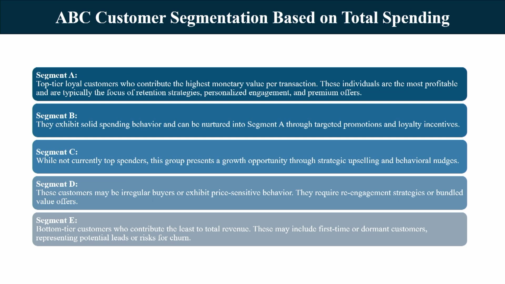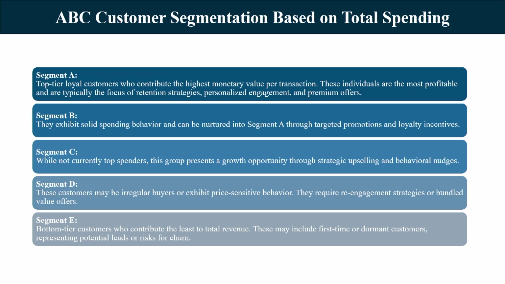Then comes the bottom, starting with segment D. These are the lower tier. They are most of the time extremely price sensitive, and they always look for more value. They extensively evaluate the offers. So, the strategy we can adopt for them is re-engaging with bundles and value offers.